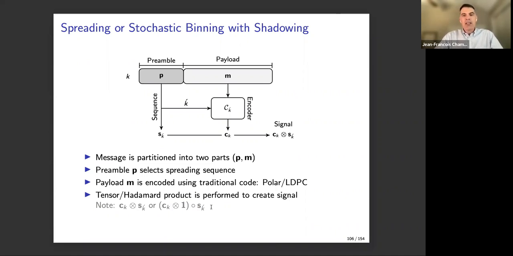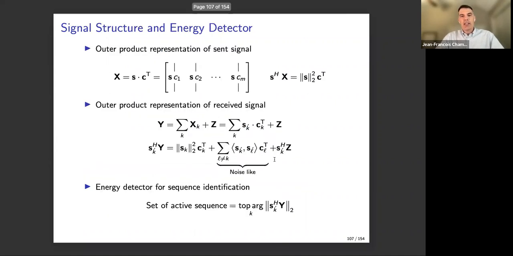So statistically, you're doing better if you're using the equivalent of a different spreading sequence for every code word section in some sense. But I'm going to sweep that under the rug, and for the time being, I'm just going to use the classical tensor product for the representation of our scheme.